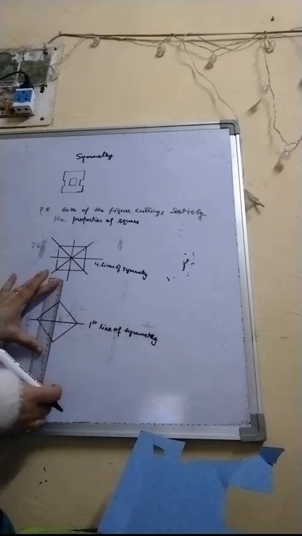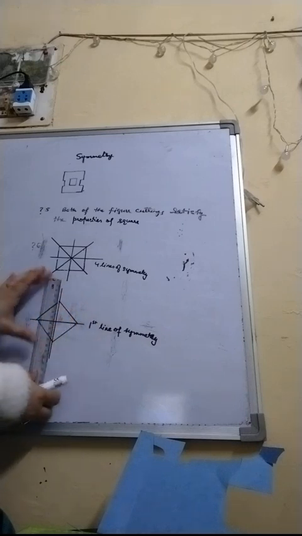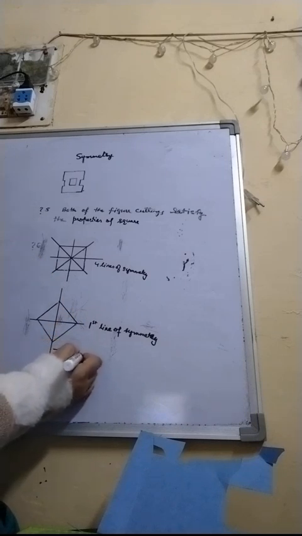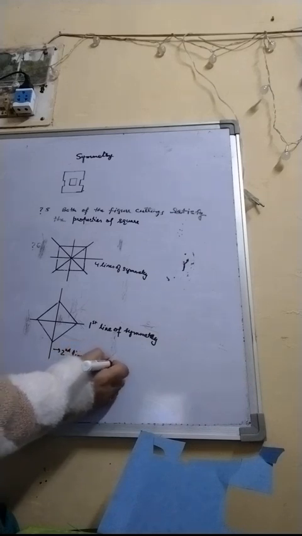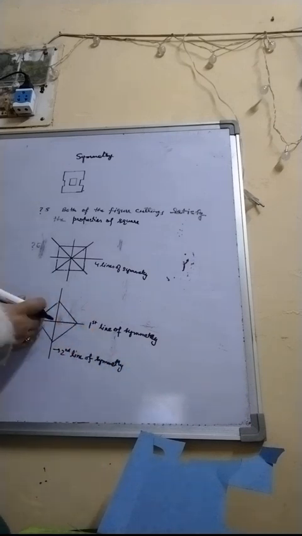Then you have the other diagonal here. You have the second line of symmetry. The second line of symmetry would also divide the square into two halves. The left hand side half would totally overlap the right hand side half.